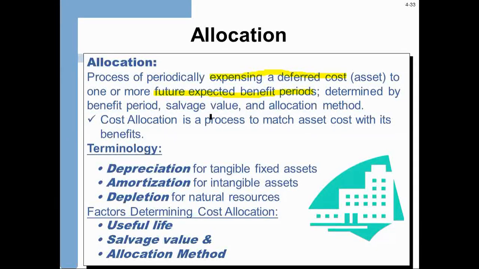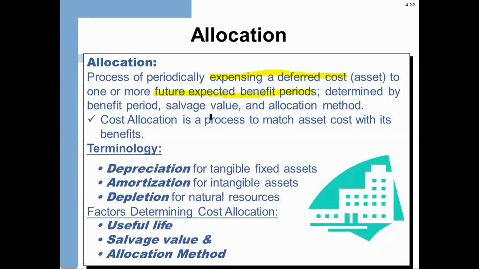We need to calculate how much cost of this property, plant, or equipment, which we used to prepare these 60,000 units, we can put in the income statement as expense, and how we can reduce the balance of the long-term asset in the balance sheet.